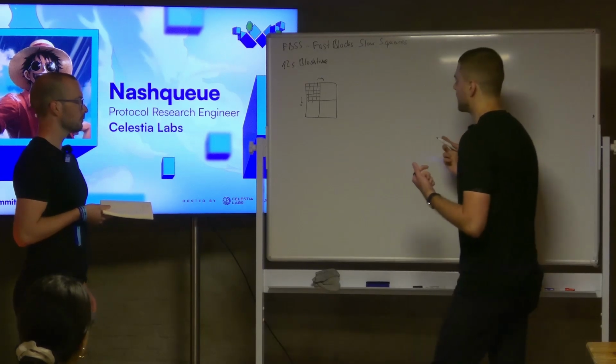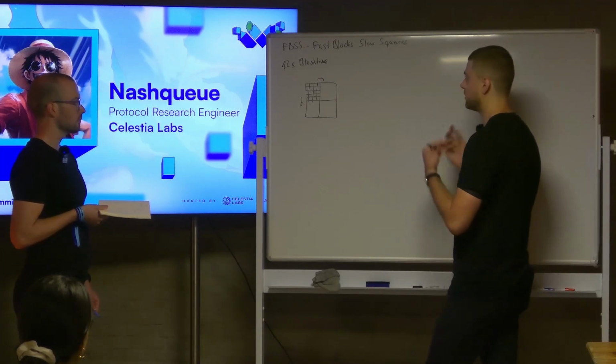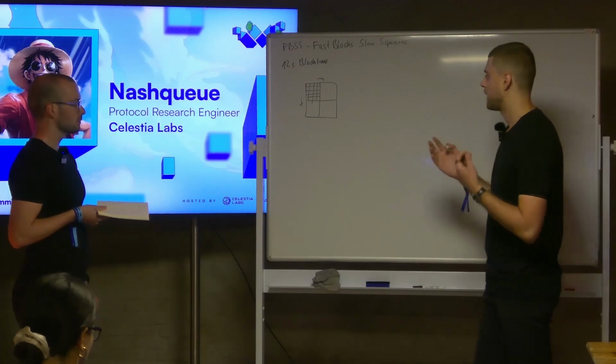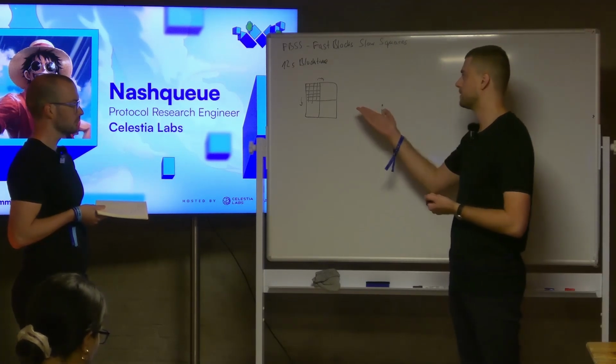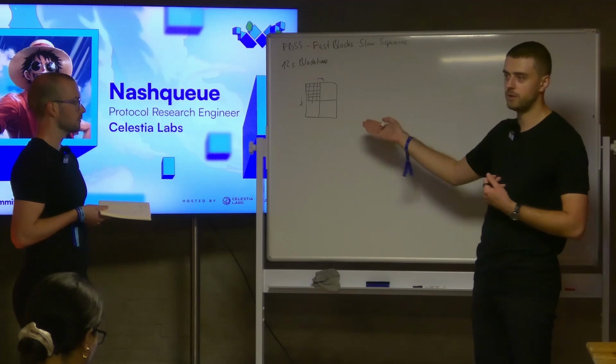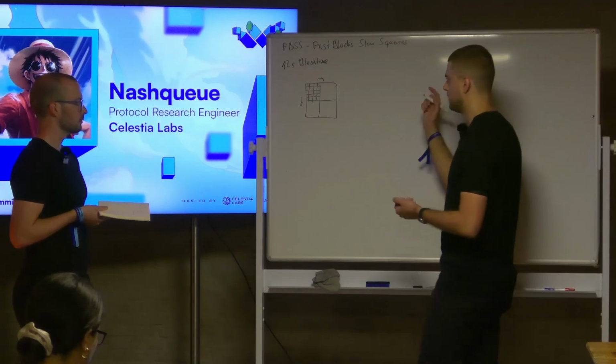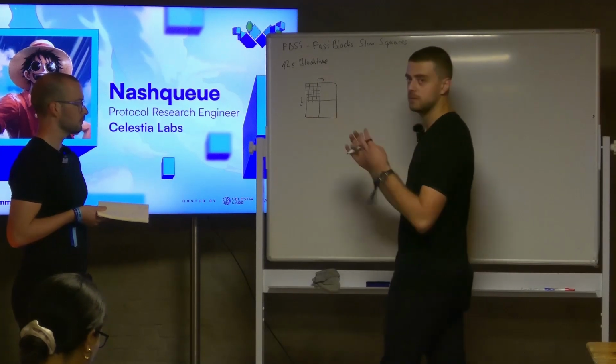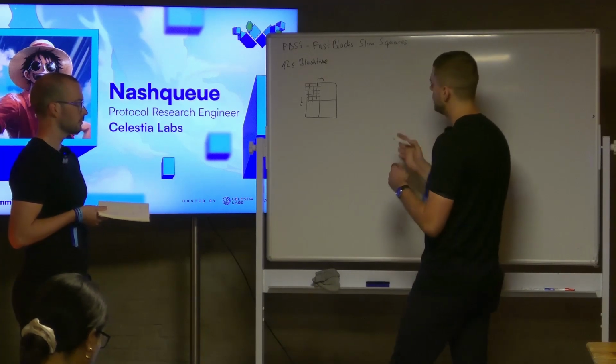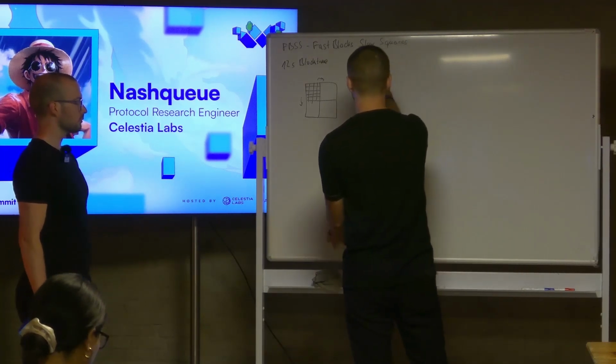How I approach this problem is, okay, what is the square for? Why do we need the square?